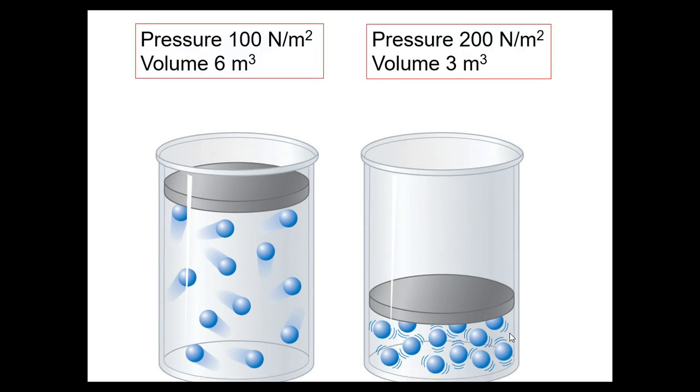Let's go back to our numbers here and see if that works out. There's our gas on the left-hand side. 100 times 6 is 600. Then we squeeze the gas, and we see that our new pressure and volume multiplied together gives us the same number, the same constant.